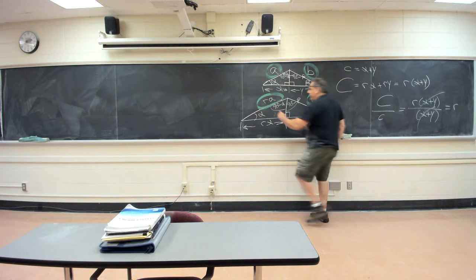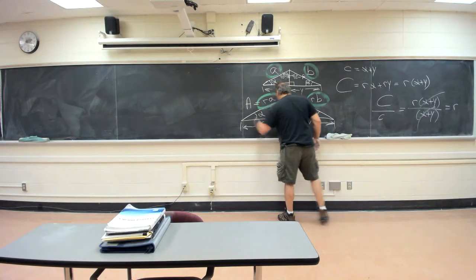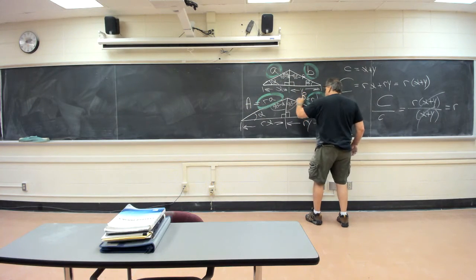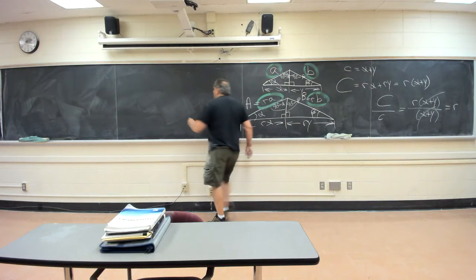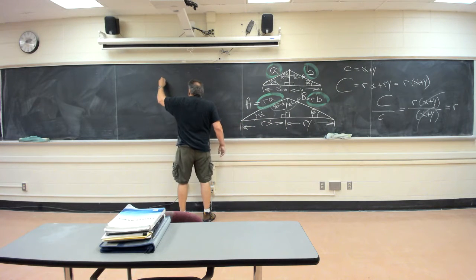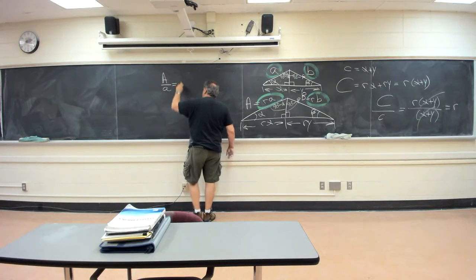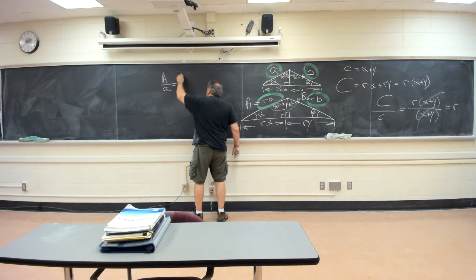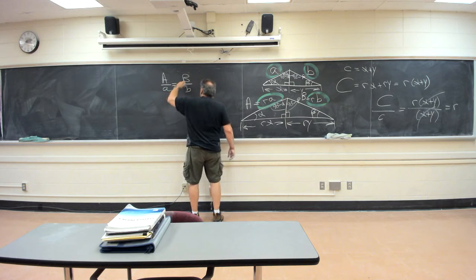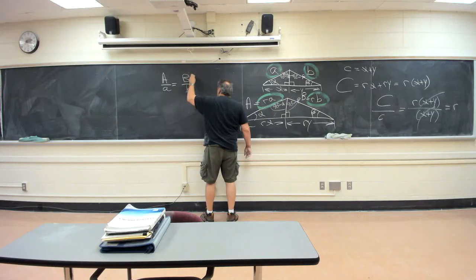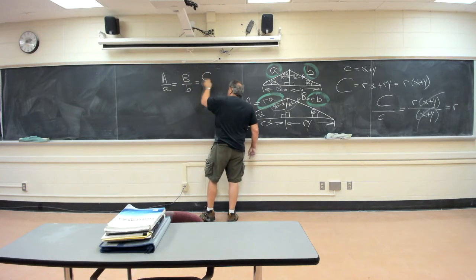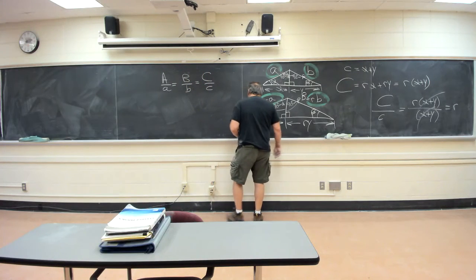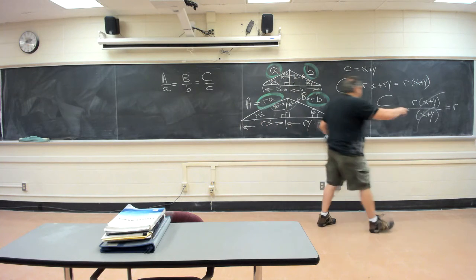We could call this guy big A, big B. Big A over small a is RA over A, which is R. Big B over small b is RB over B, which is R. Big C over small c is, well, it's kind of interesting.